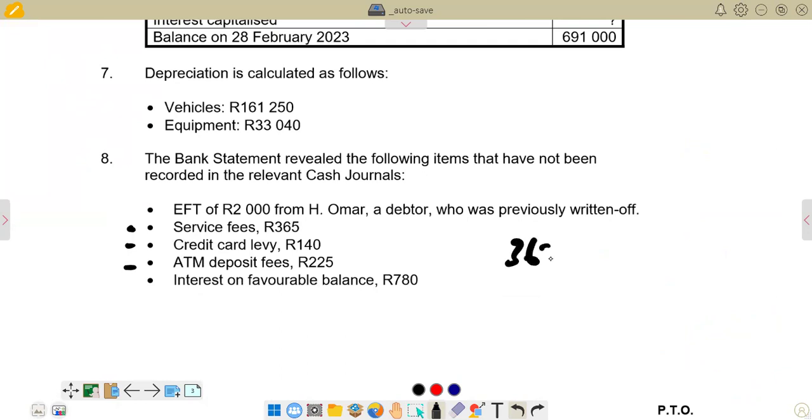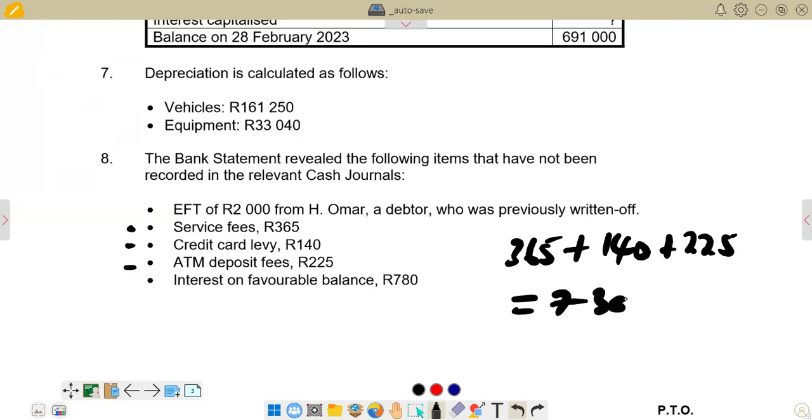So we are going to say 365 add 140, add 225. So this is what we get. If you add all of them, you would see that the figure that you get there is 730. So this is the total of the bank charges that you are going to add to the figure that you're given in the list of balances.